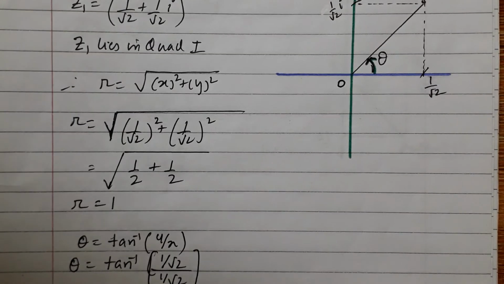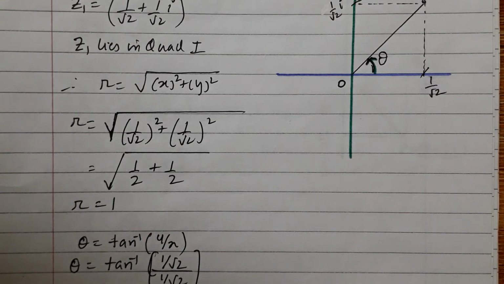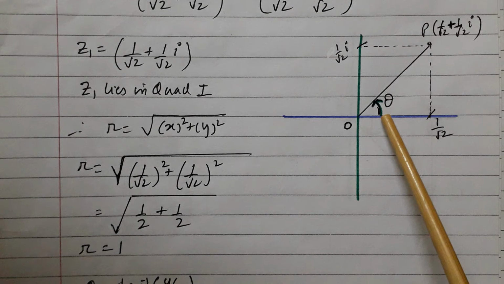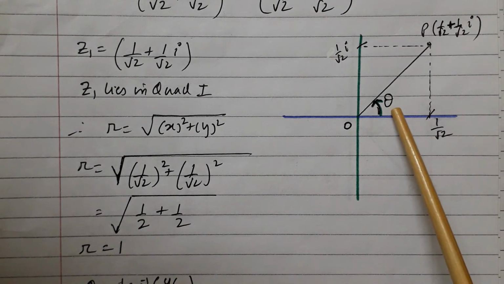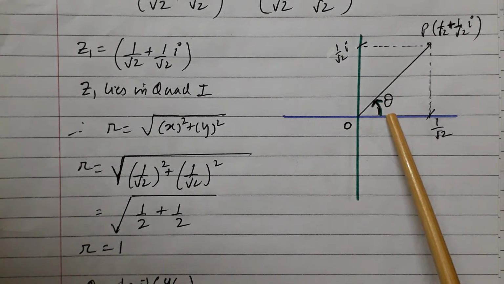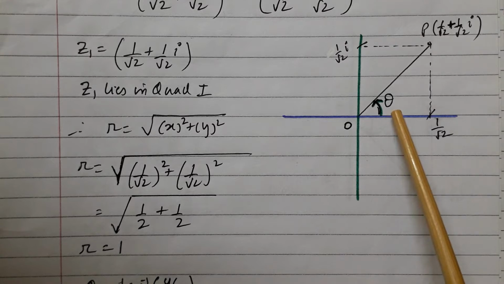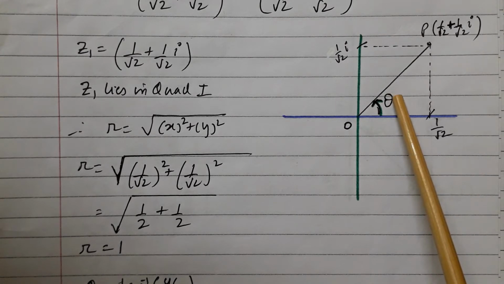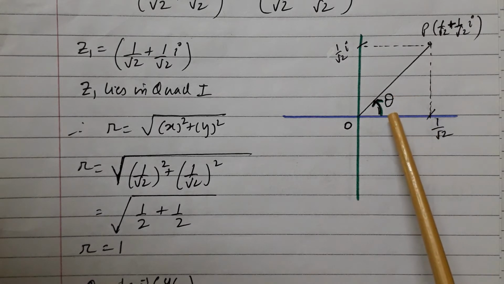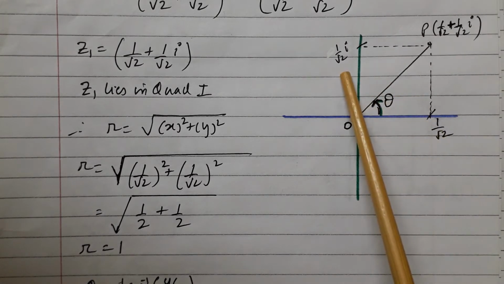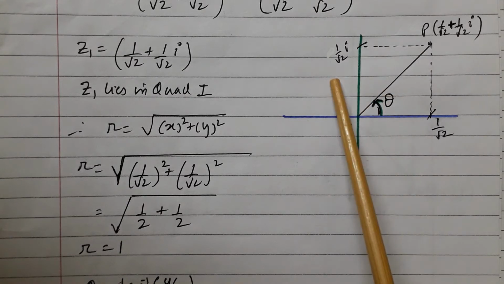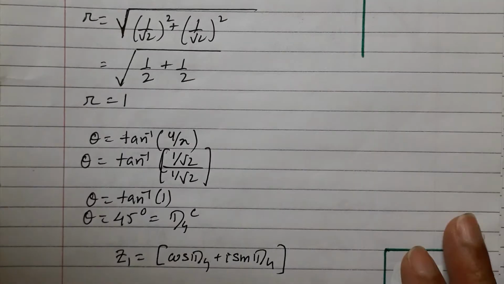Now let us calculate the argument. The argument theta of the complex number is positive as the angle is moving in the anticlockwise direction, and x is 1/√2 and y is 1/√2. So let us substitute this in the formula for argument.